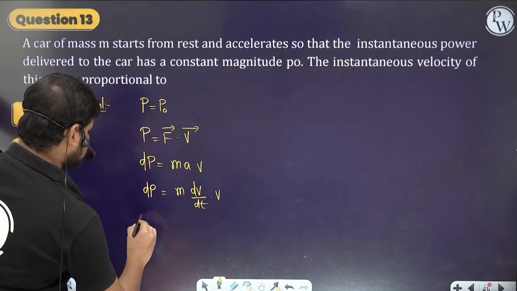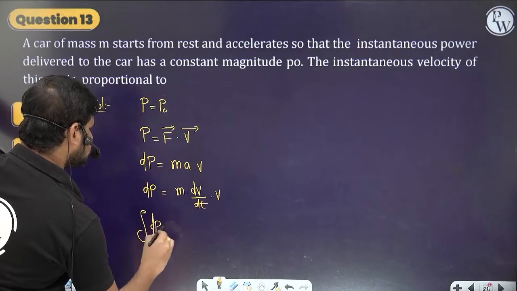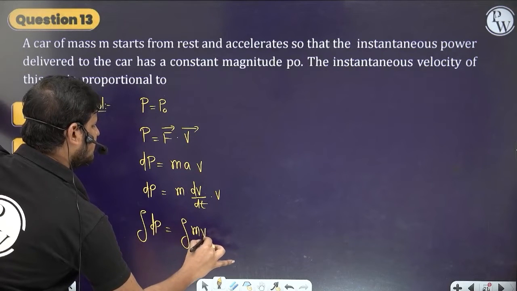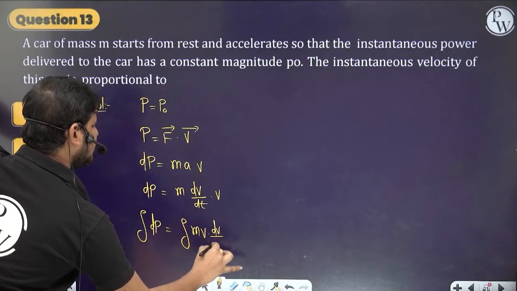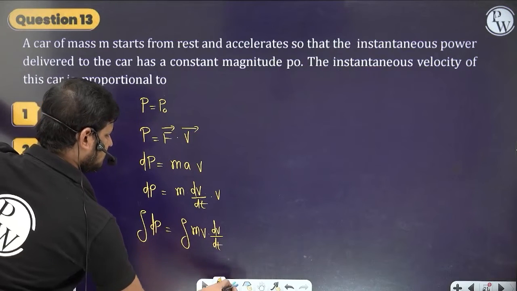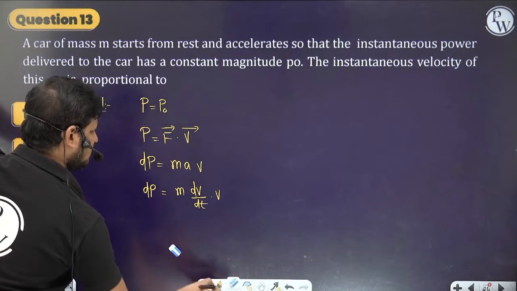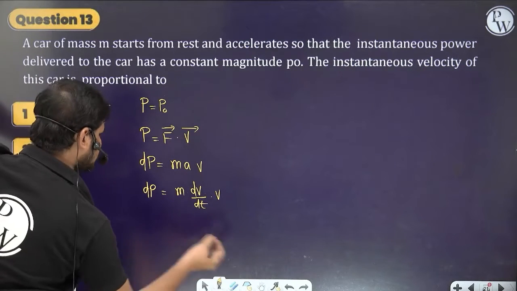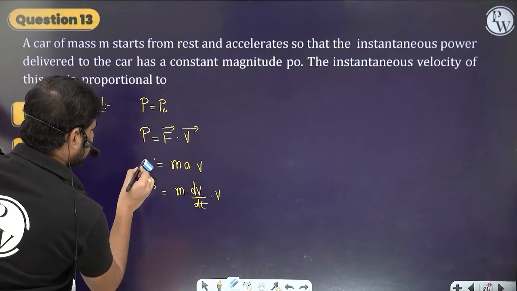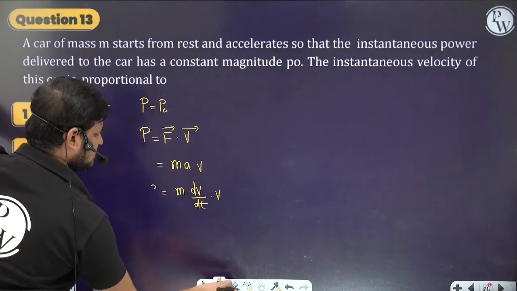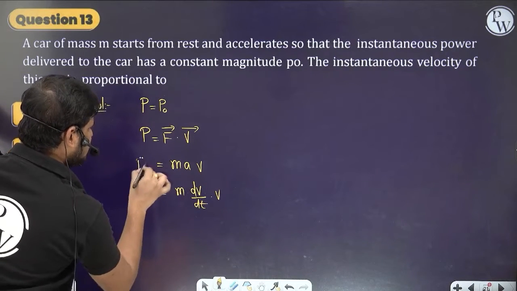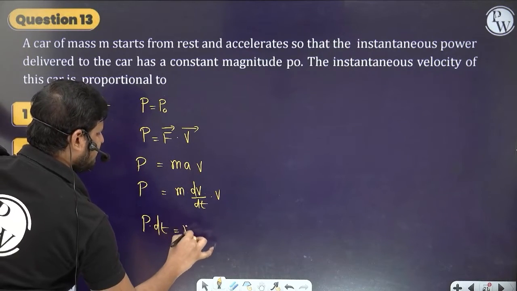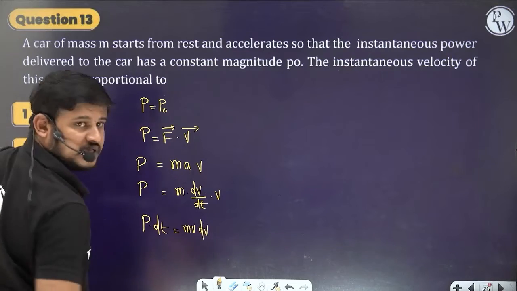Or else send this dt to this side, so it becomes P dt is equal to m v dv.